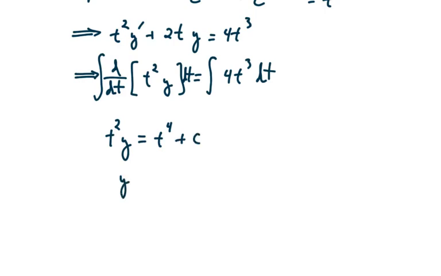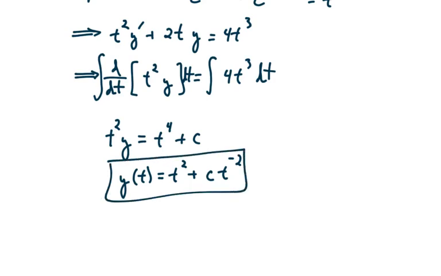And finally, when we solve, we've got y of t equals t squared plus c t to the negative 2. It's fine to write that as c over t squared. Either form is appropriate. And so, again, this is our general solution.